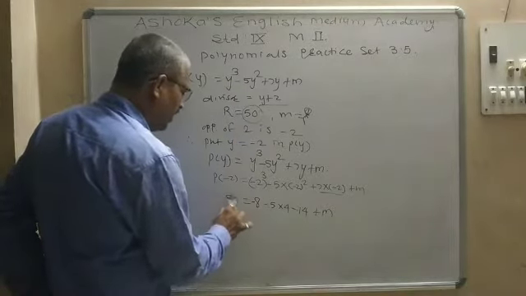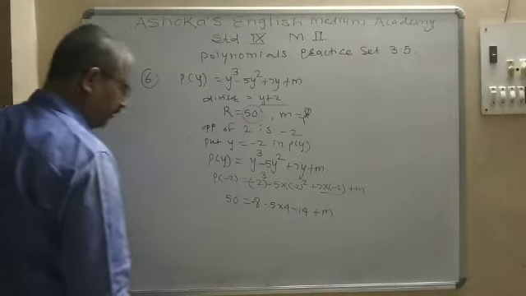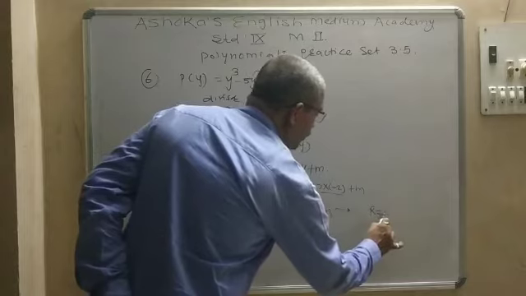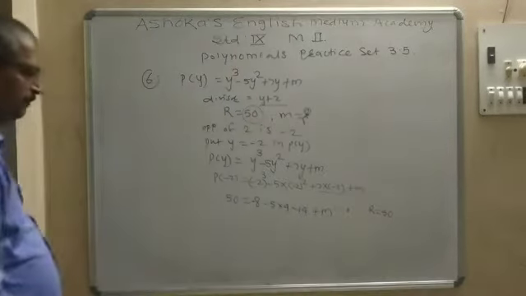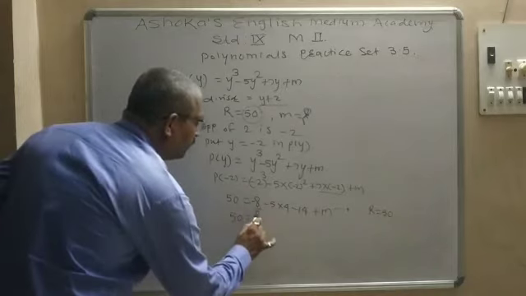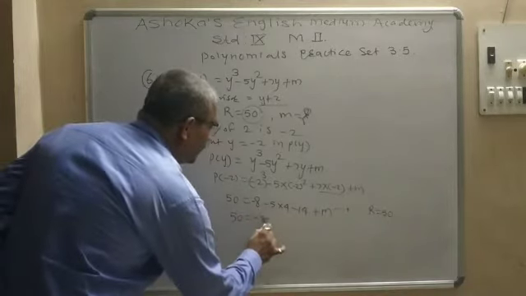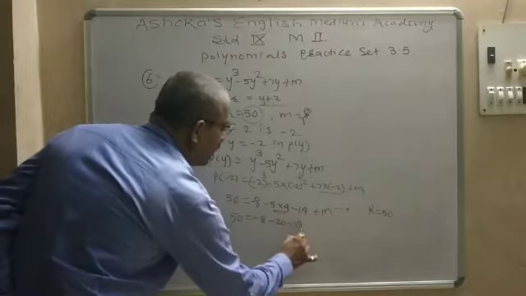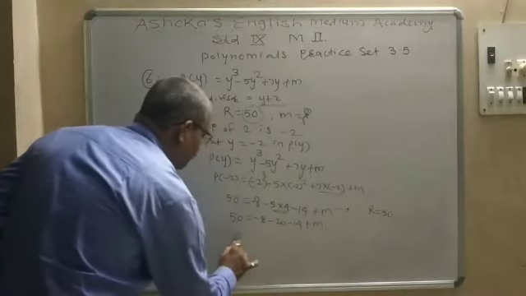So here I write 50 is equal to minus 8 minus 20 minus 14 plus m.